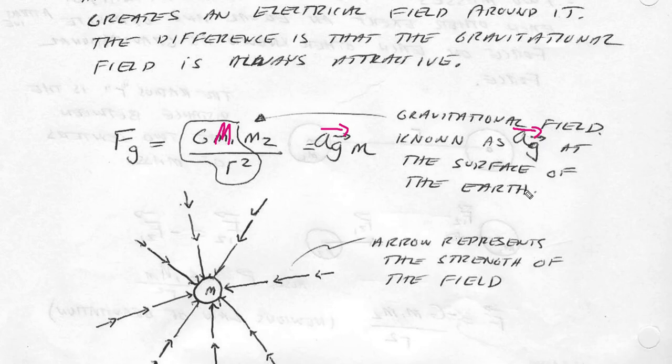That's the gravitational field at the surface of the Earth. Now, that's not the same thing as g, which we'll talk about later. g is affected by other things such as the unevenness of the surface of the Earth, how far away you are from the center of the Earth, and how fast the Earth is spinning. So that's a nuance. But I'll just use a sub g there, just to emphasize that.